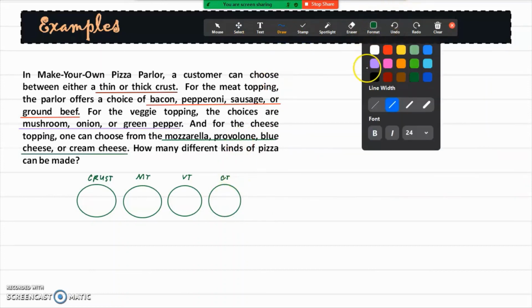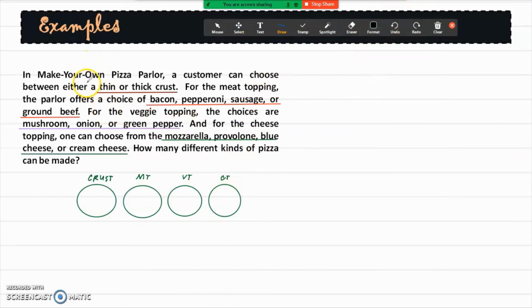Now our pizza can be made out of the combination of the crust, the meat topping, veggie topping, and cheese topping. So now let's identify how many options do we have for the crust. Here we only have thin or thick crust, so we have 2 options for the crust. For the meat topping, we have bacon, pepperoni, sausage, or ground beef, so that's 4.